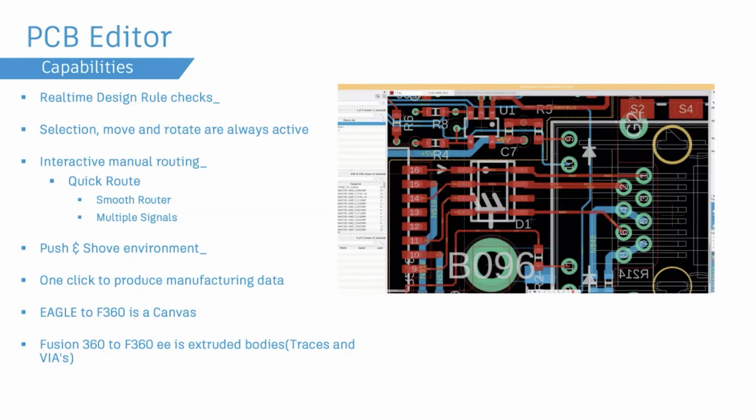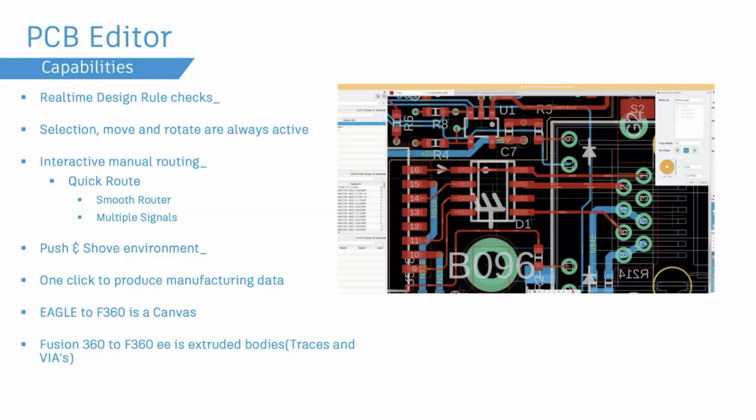We also have a multiple signal route capability that is guided. So you could actually give it a path for all the traces to follow. Now, remember, these are guided. In other words, it's going to do its best to follow that path that you've provided it without any DRC violations.